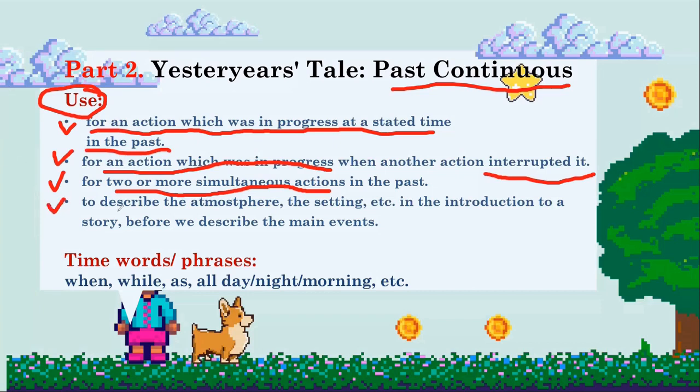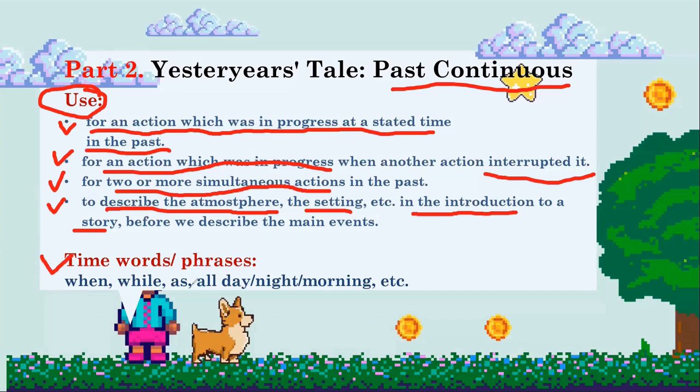And the last one, this can also be used to describe the atmosphere, the setting in the introduction to a story before we describe the main events. For instance, the wind was howling and the children were playing as the story began. There are some certain phrases or words which are very essential for this tense.